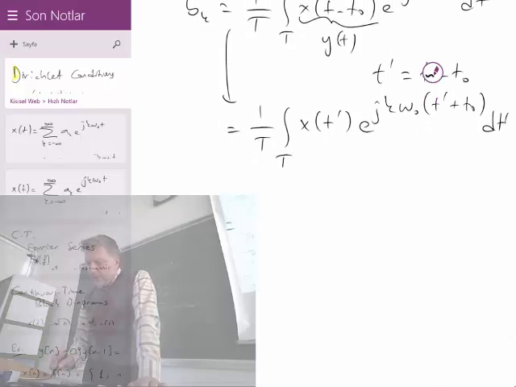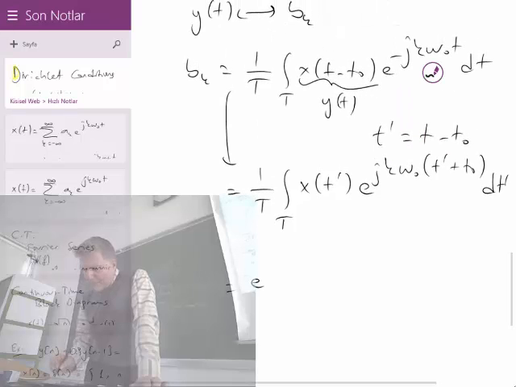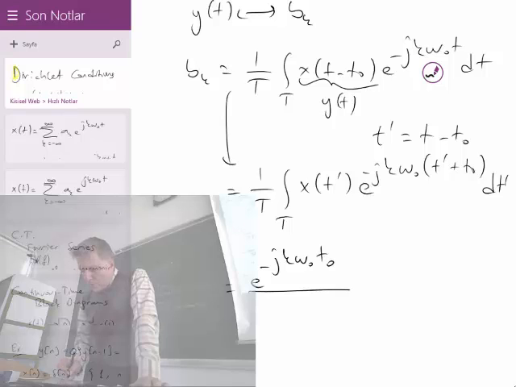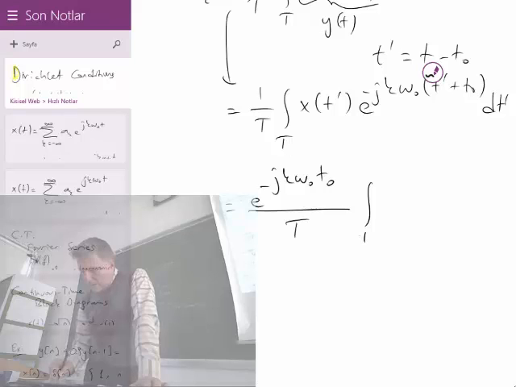Now e to the minus j k omega 0 t0 is independent of the integral parameter t prime, so it can be taken out of the integration. Of course there must be a minus sign here: e to the minus j k omega 0 t0 over capital T, integral within T of x of t prime e to the minus j k omega 0 t prime dt prime.